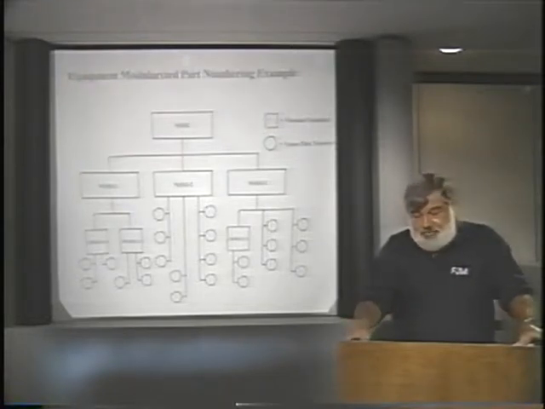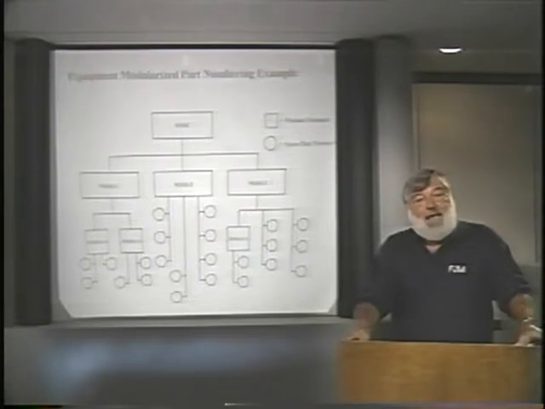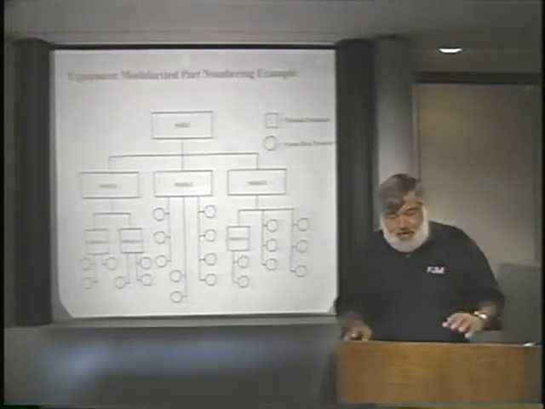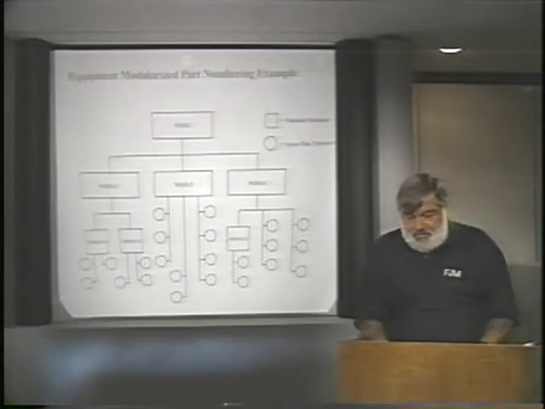So the sub-modules are likewise identified by their individual sub-module number, but it does not lose sight of the module number itself. So I'm just going to take one example here, take the extreme left-hand sub-module number.